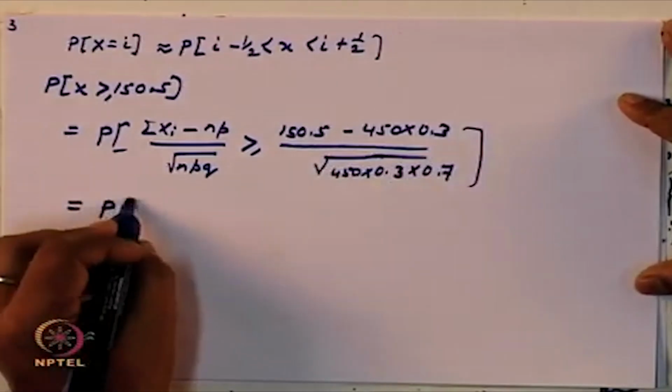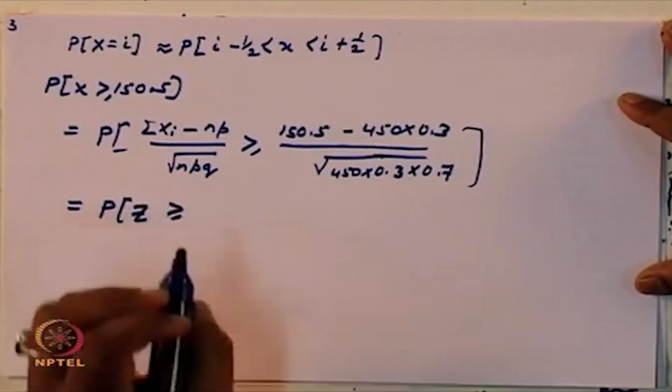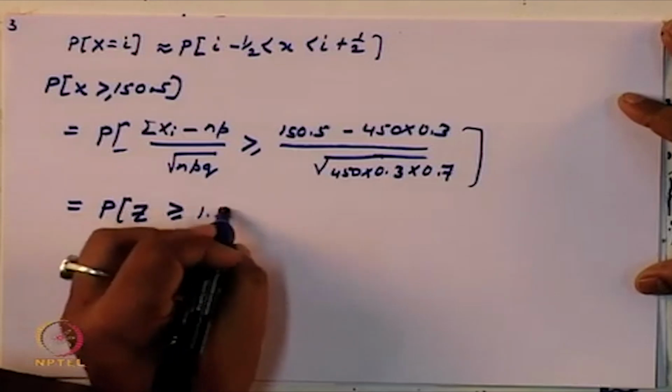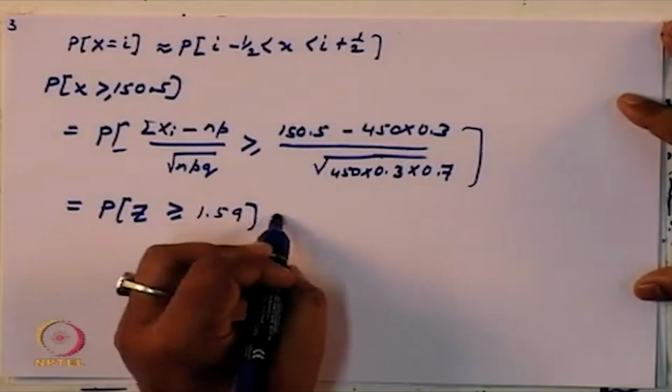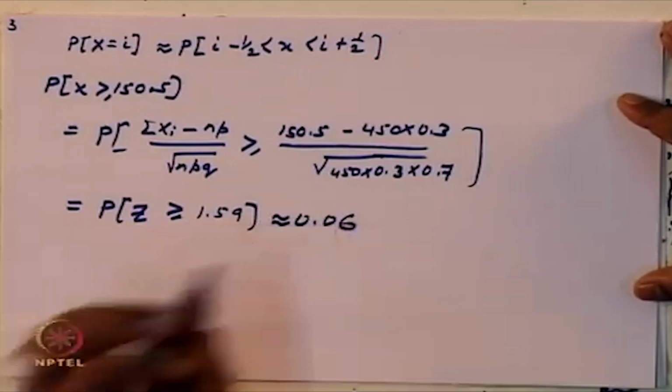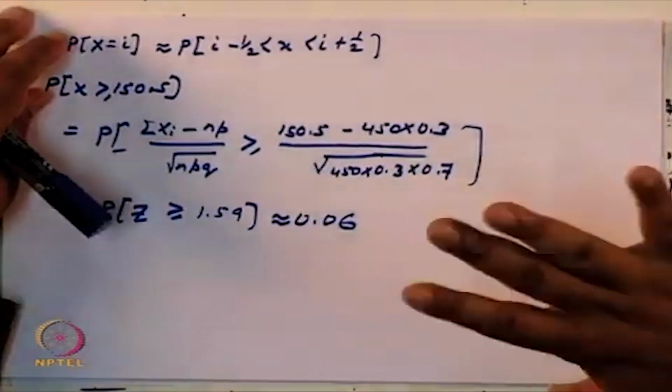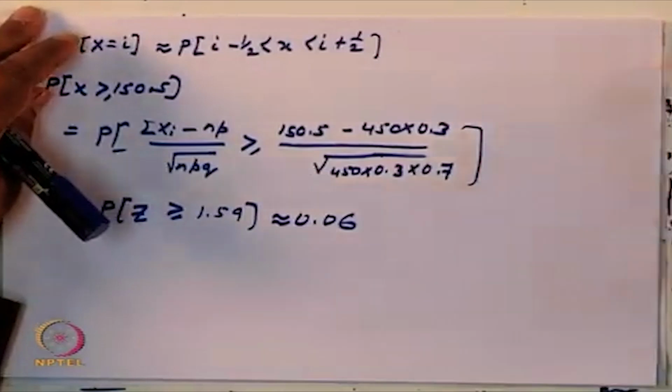So, this is the probability of z greater than or equal to 1.59, and this turns out to be roughly 0.06. Okay, so there is still a 6% chance that more than 150 students will join.